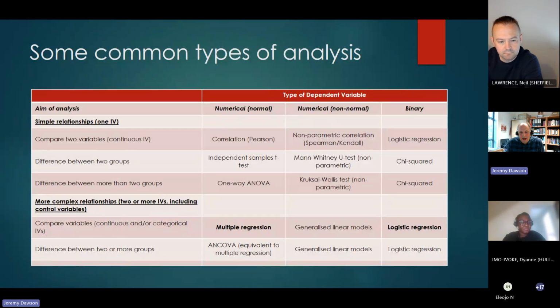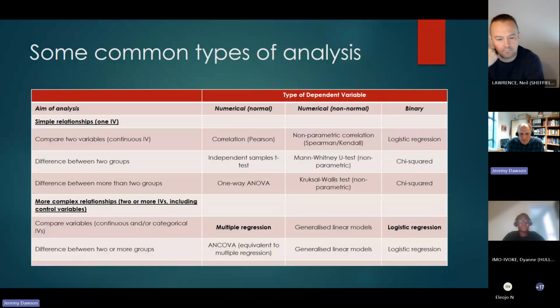If the outcome is binary, then logistic regression is likely to be a good way of doing that. But I don't think it would be a good use of time to go into much more detail about this right now. So I'm going to come back to talking about the normal distribution and so on in a few minutes.